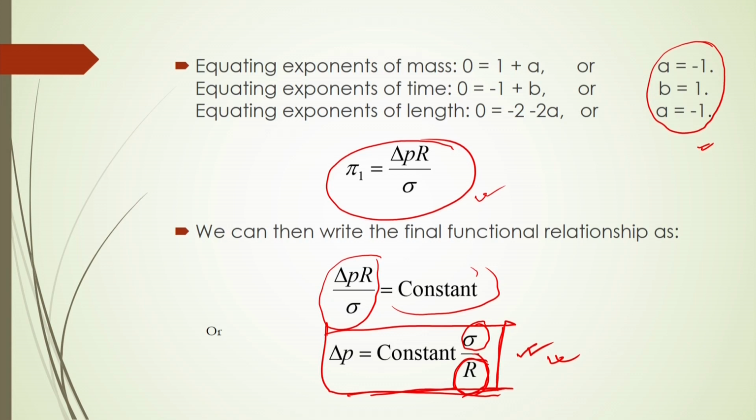If you decrease the surface tension, for example if you are producing bubbles in water and you add some surfactant to the water, then your surface tension will reduce. In that case more finer or smaller bubbles can be produced by adding surfactant to the solution.